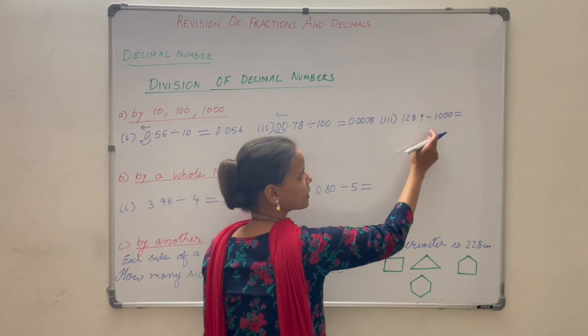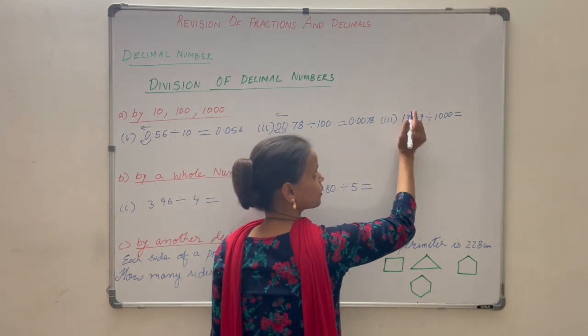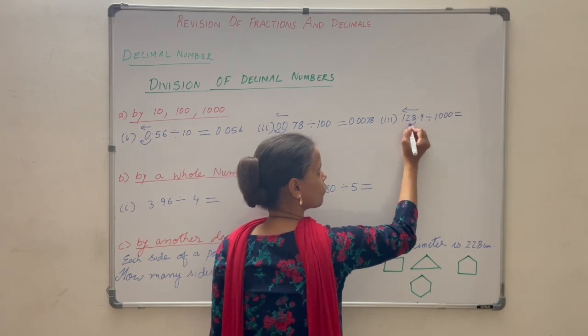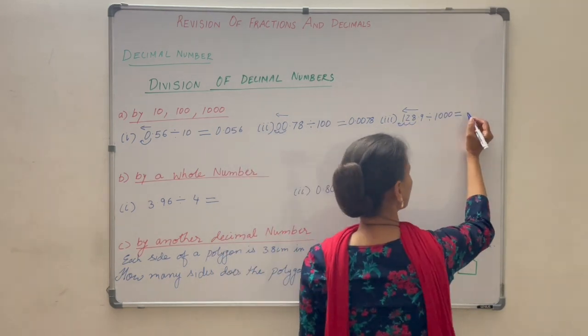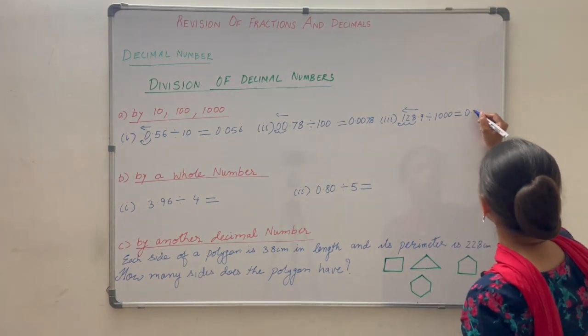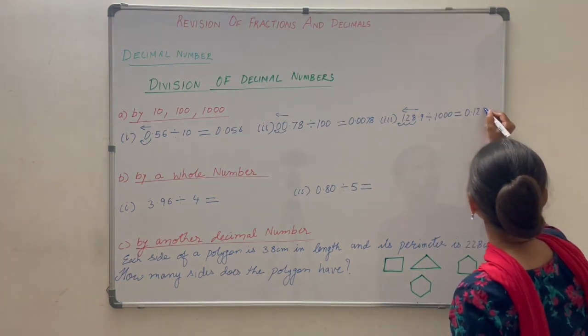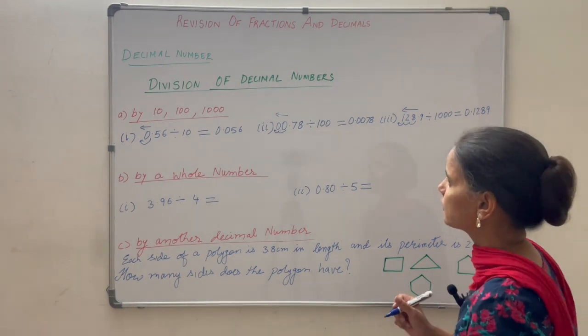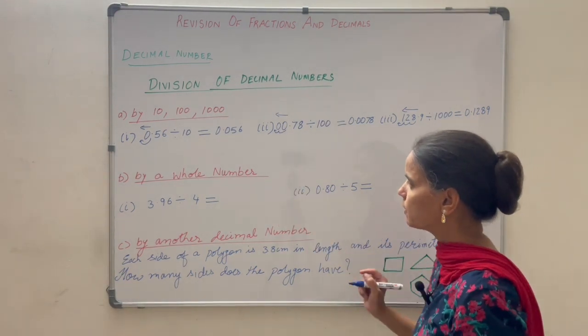Now, how many zeros are there in 1000? 3. So decimal point will move 3 digits towards left side. So 1, 2, 3. So it will be 0.1289.